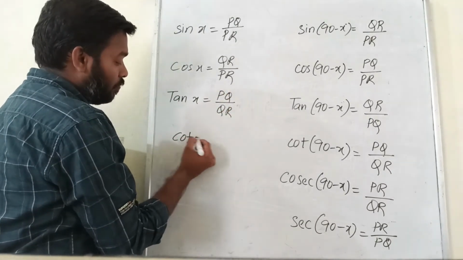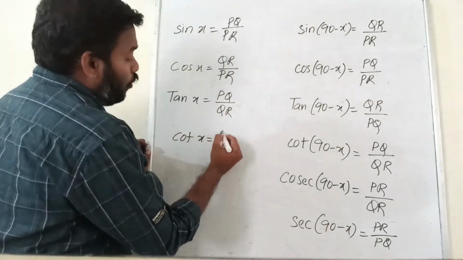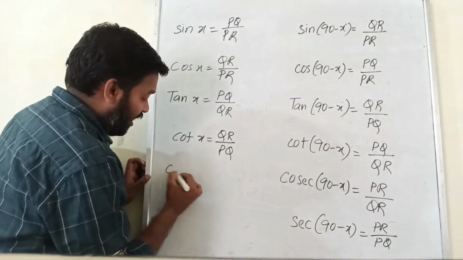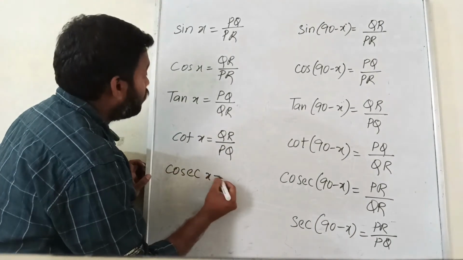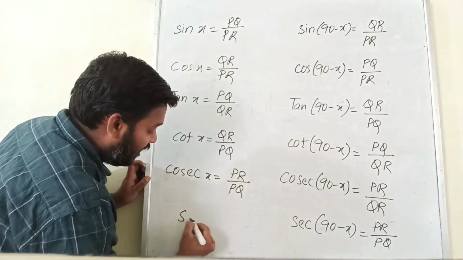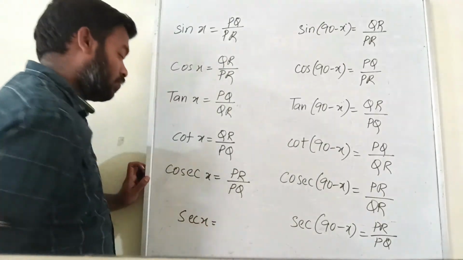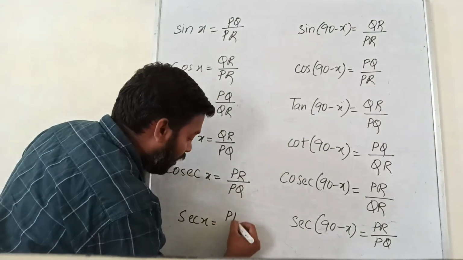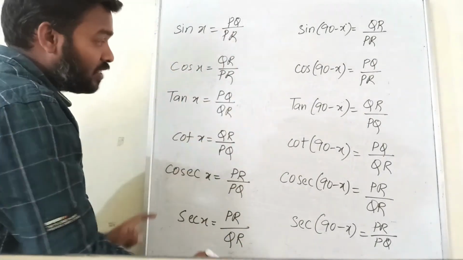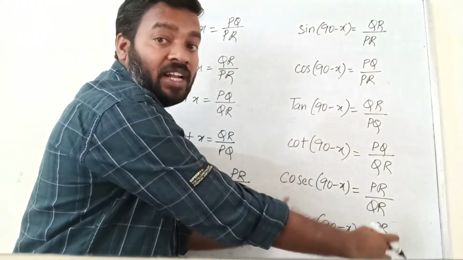Cot x is QR by PQ. Cosecant x is PR by PQ. Secant x is PR by QR. These are the trigonometric ratios for angle x, and these are the trigonometric ratios for angle 90 minus x.